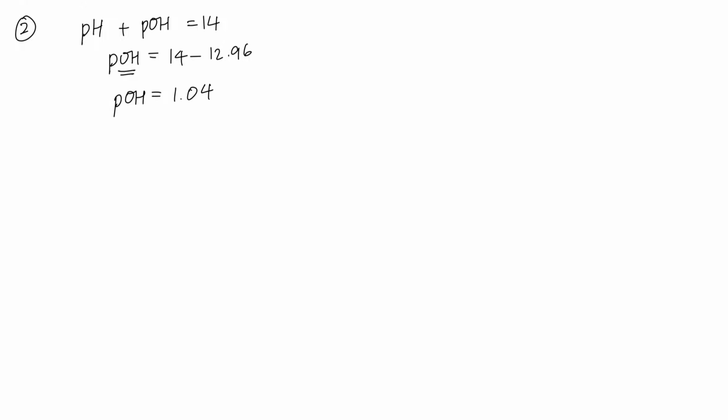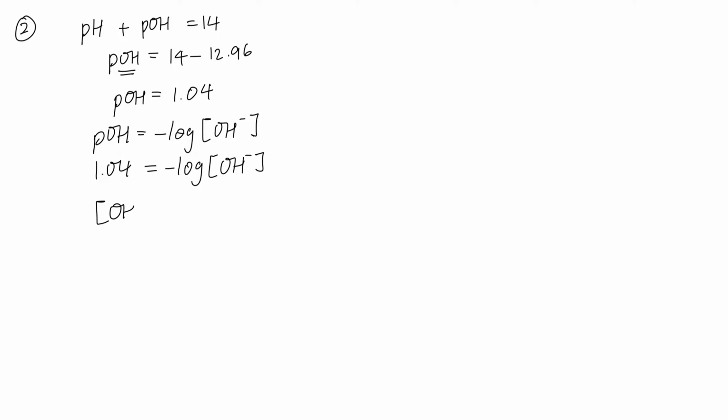From here we can calculate the concentration of the excess OH-. pOH is equal to minus log of the concentration of OH-, so 1.04 equals minus log of the concentration of OH-. The concentration of OH- is thus 0.0912 moles per dm³.